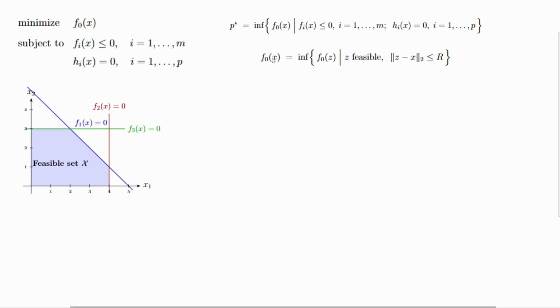So it's saying that x is a locally optimal point if the other values around x within this ball region are bigger than the value at x, then x is the smallest in that local region. So it's the local minimum.